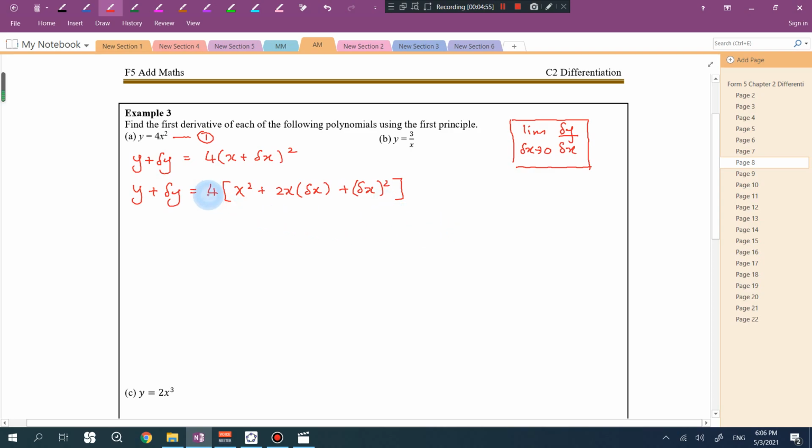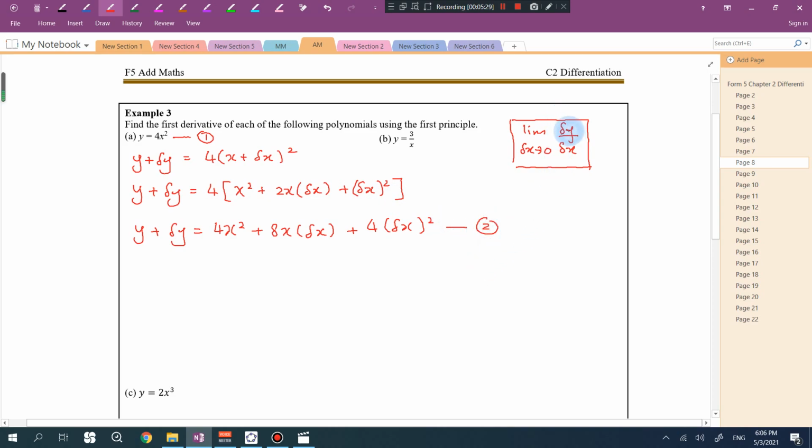Okay, now I just do some expansion, bring the 4 inside. y plus delta y is equal to 4x squared plus 4 times 2, you get 8x delta x, plus 4 delta x squared. Okay, let me double check, correct or not. 4x squared, 8x delta x, 4 delta x squared. Okay, correct. So we let it be the second equation.